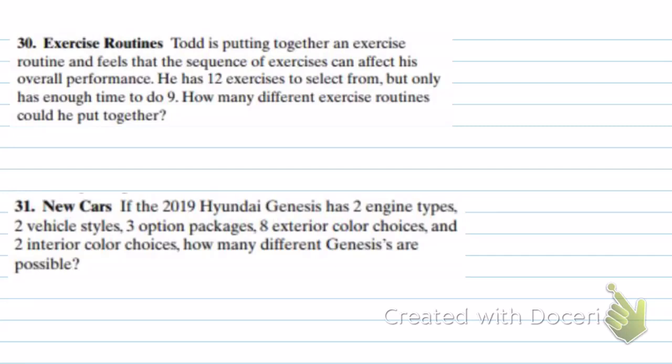So I'm thinking permutations. So I've got 12 permutations where I'm choosing 9. What does that equal? That number does not make sense to my mind. With only 12 exercises and only doing 9 of them, there's that many ways you could arrange them.